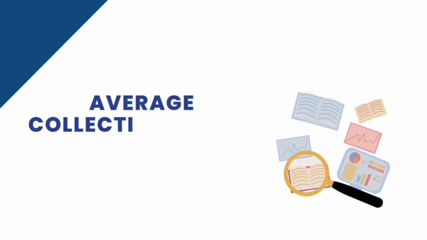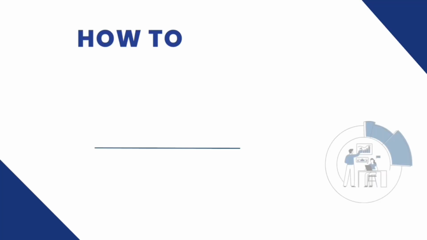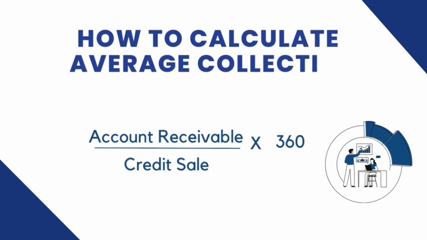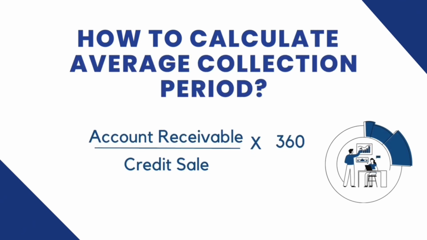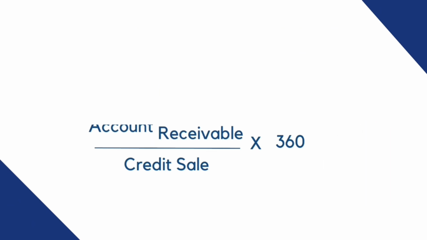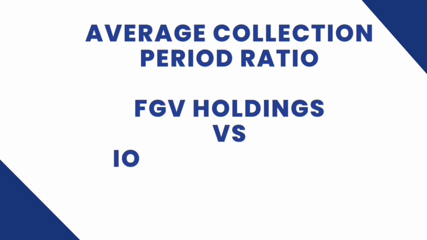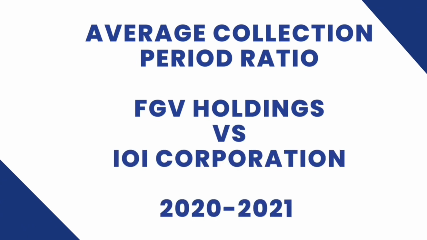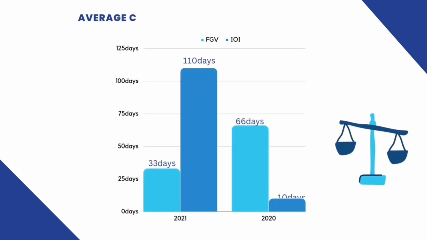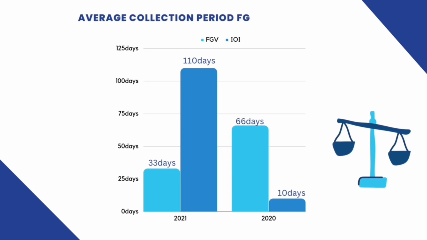Let's take a look at average collection period. To determine the amount of ACP, we calculate by account receivable divided by credit sale and multiply by 360. Let's take a look at the average collection period between FGV Holding and IOI Corporation within year 2020 until 2021. In the graph of ACP for year 2020 to 2021, IOI collect their debts as stated 10 days to 110 days, which means that IOI took more time to collect its payment from the client, which is a negative sign for a company.